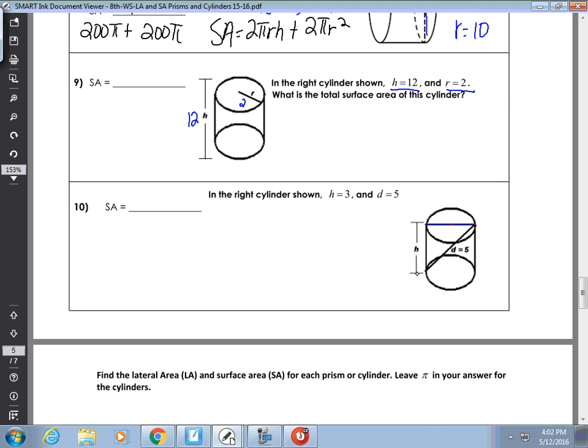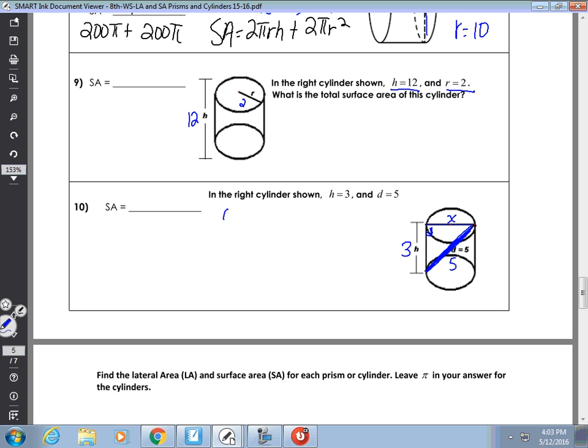I am going to talk about 10 because D normally talks about diameter, but since they wrote the D right here, that is the diagonal. And this is perpendicular. I know you can't really tell that, but if this H is 3 and the diagonal is 5, I need to find the other leg, which is the diameter, and I'm going to use the Pythagorean Theorem to find that.